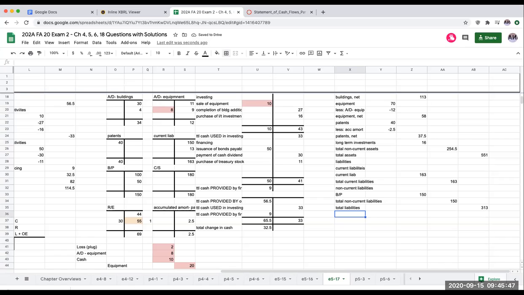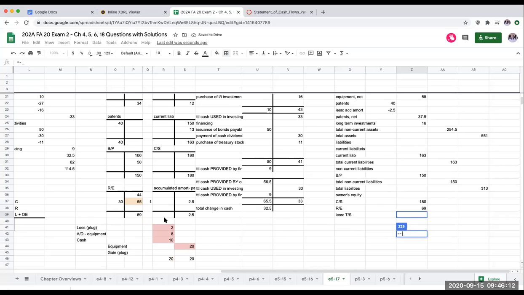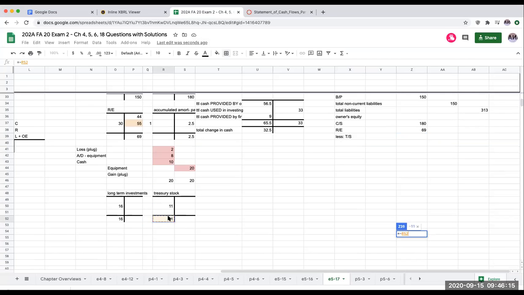For my owner's equity, or shareholders' equity, I'm going to have common stock, which will be at 180. I'm going to have retained earnings, which will be at 69. And then lastly, my treasury stock had a balance of 11.